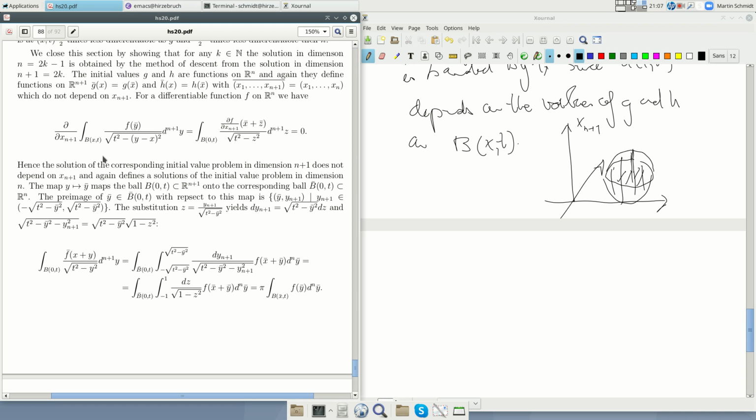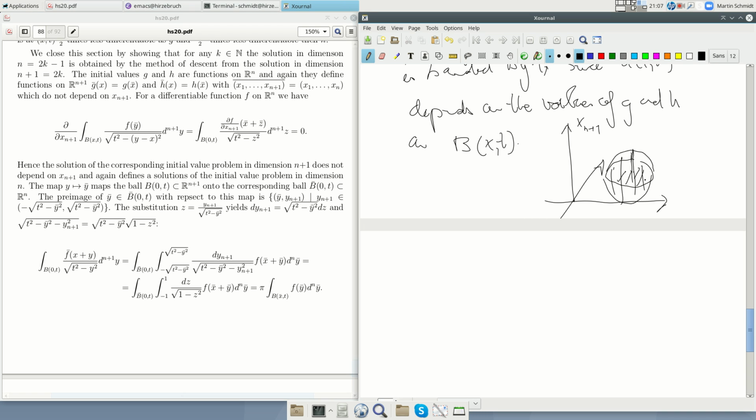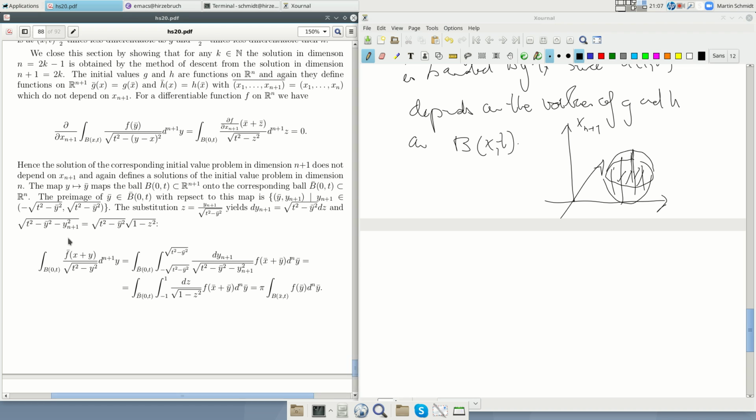So by this method, we transform the integral over the n+1 dimensional ball to an integral over the n dimensional ball.